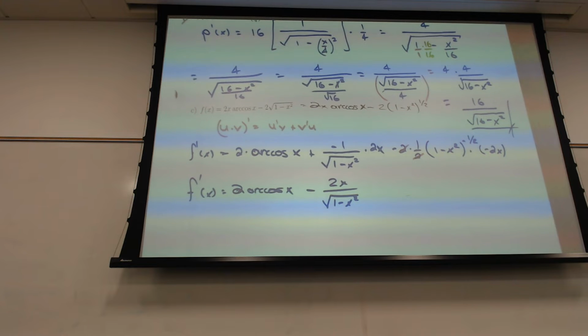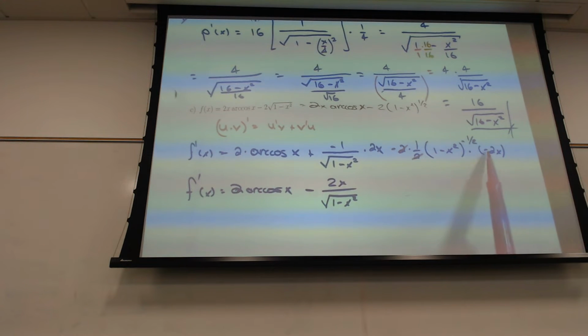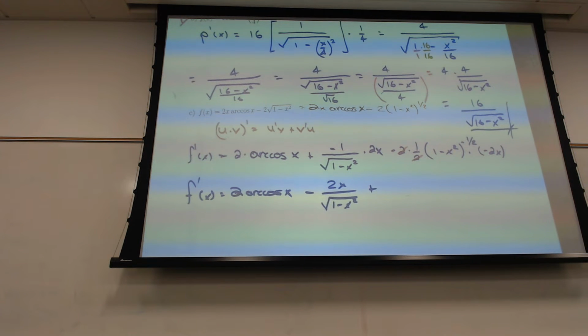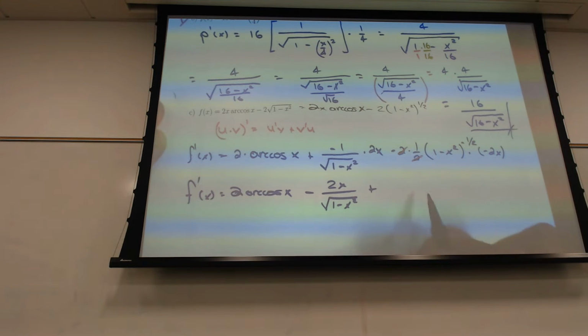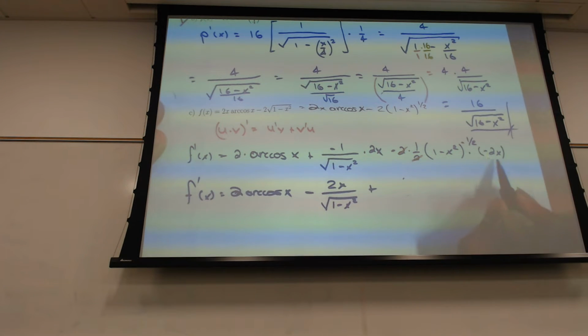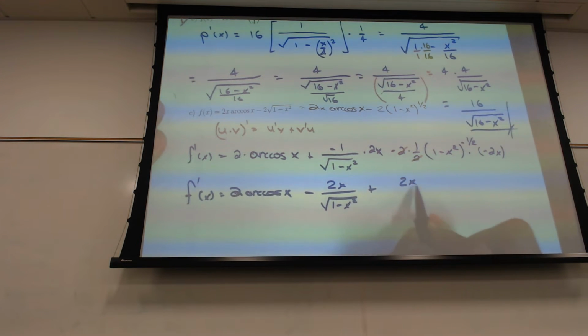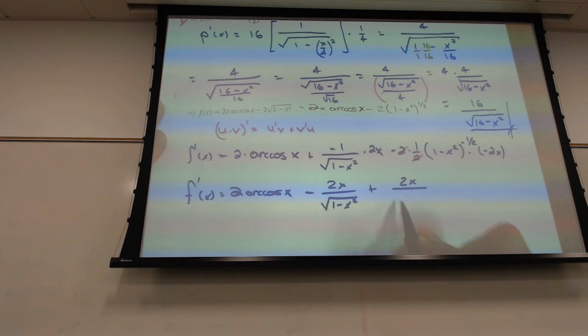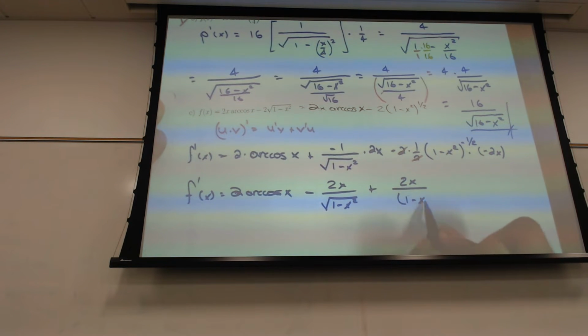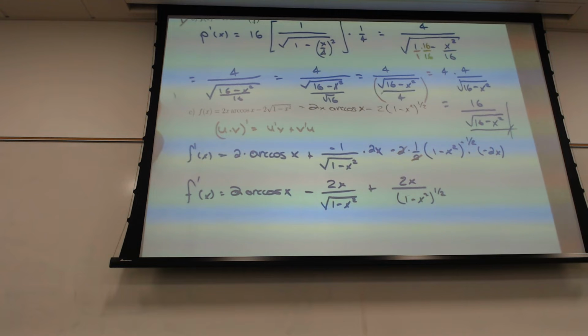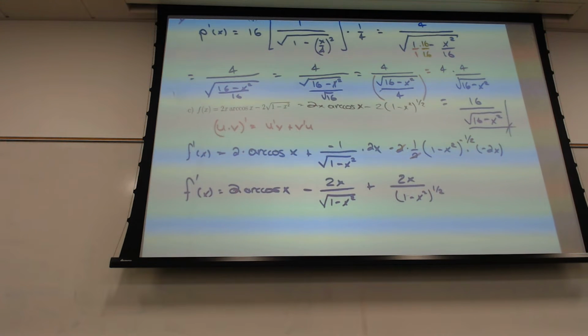And also, negative times a negative is positive. At the same time, I'm going to rewrite this negative power to the denominator with a positive power. We're going to be left with this 2x in the numerator and 1 minus x squared to the 1/2. And of course, I'm going to rewrite this in radical form.